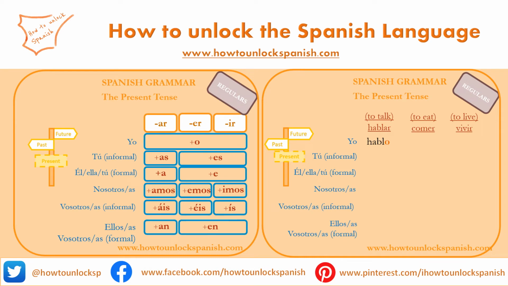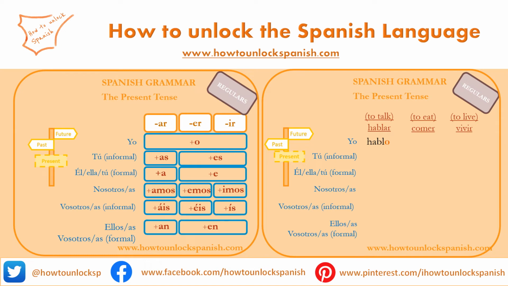If we have a look at the present tense, we can see we have 3 different sets of endings depending on how the infinitive ends. So the verb, for example, hablar has an infinitive ending in ar, so we will have to choose the endings in the first column. Then comer has an er ending. We have to choose the second column.